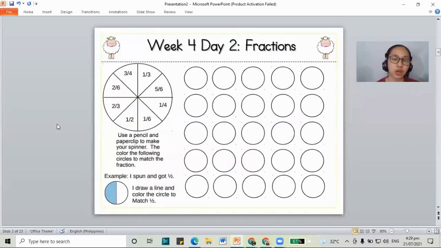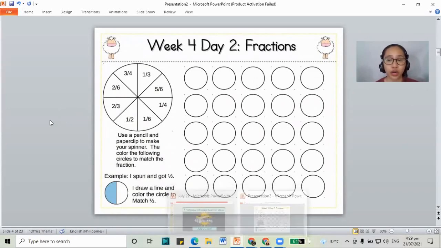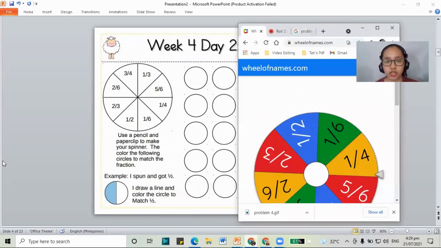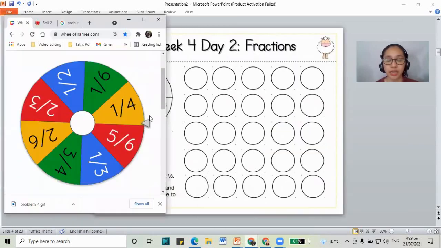Are you ready? We have our fractions. Remember when we do our fractions, there's a part that you need to color or take away, and you have to number the parts according to the number at the bottom. So how about we do our spinner, let me spin and let's do it together.